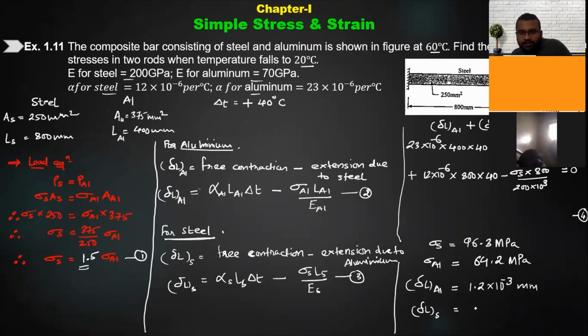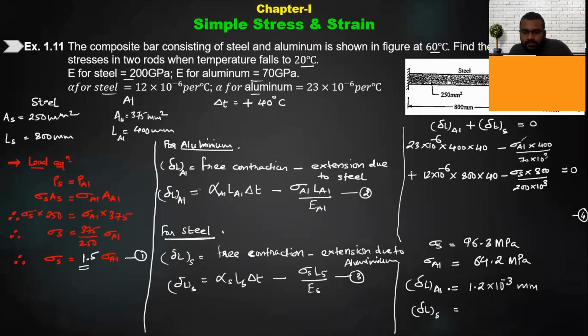And for steel, is it correct? You will get one positive and the other should be negative, I guess. Yes, aluminium, somebody else has got minus.